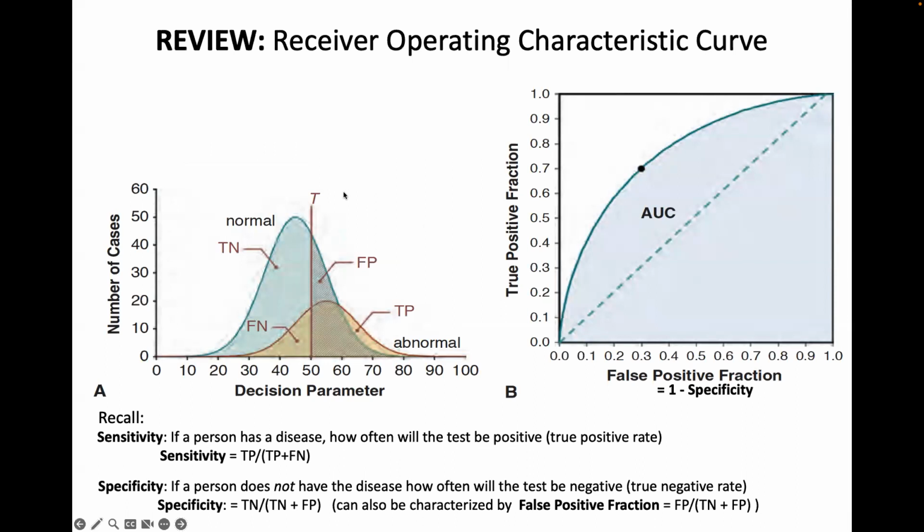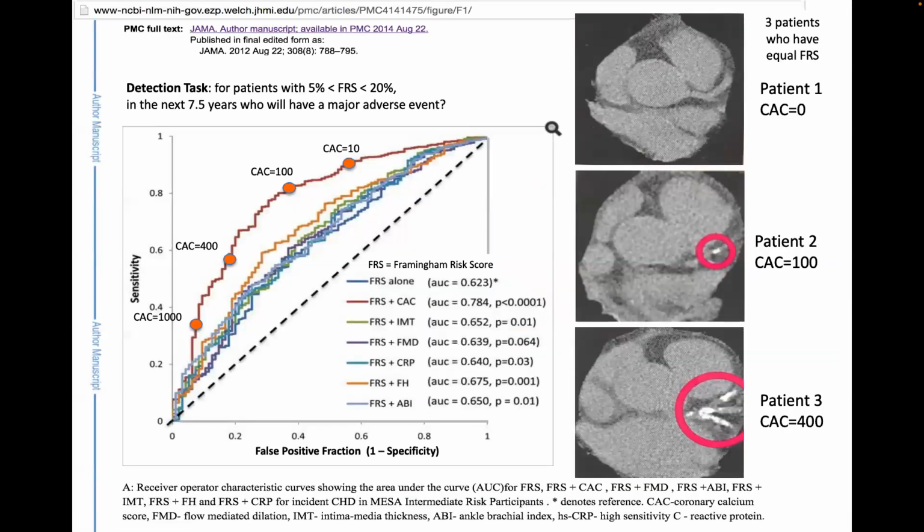So the first thing, let's review, because I couldn't remember whether we did this. When we go back and look at the effectiveness of a diagnostic test, right, you come up with a number, and in this case, it's the coronary calcium load of this patient. This patient has 0, 100, 400, and you use that number to make a decision.